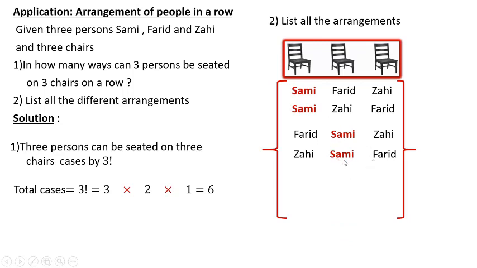Now assuming Sami is seated on the third chair, then the options will be Farid, Zahi, Sami, and Zahi, Farid, Sami. Again, we have 6 options in the ways that 3 persons can be seated on 3 chairs. Another application.